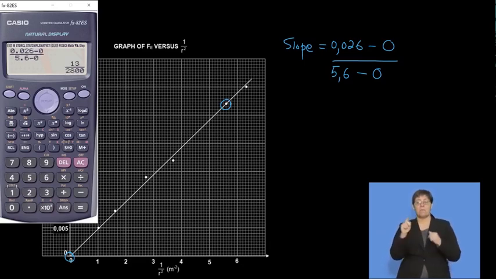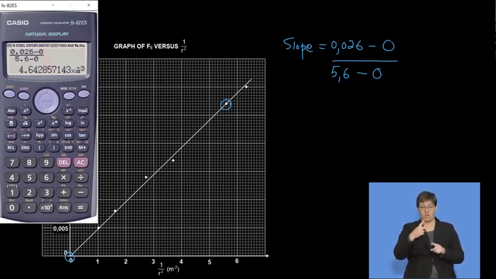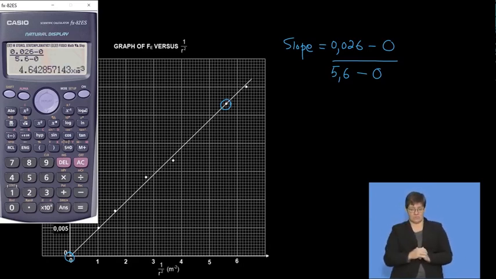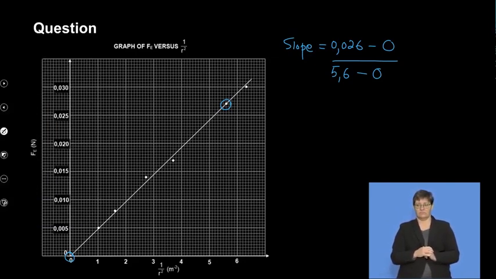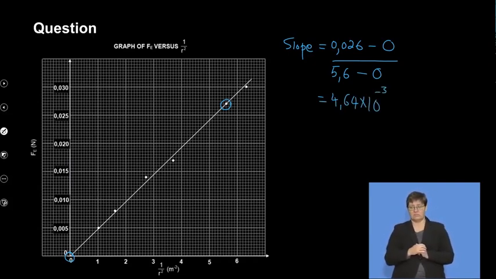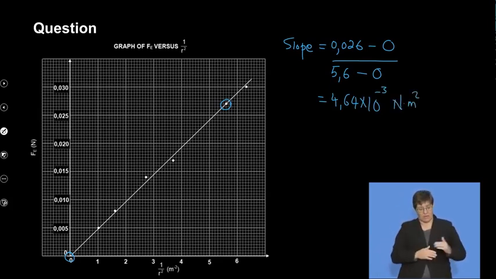What do we get from that? We get 4,64 times 10 exponent negative 3, okay? So the units are in Newton meter squared. Okay, this is what the slope is all about.